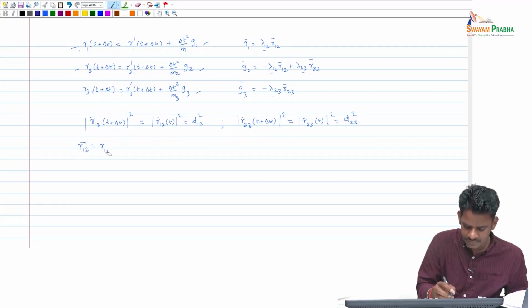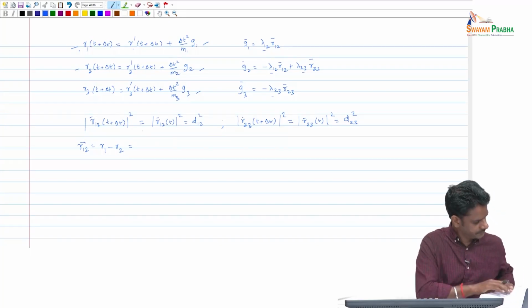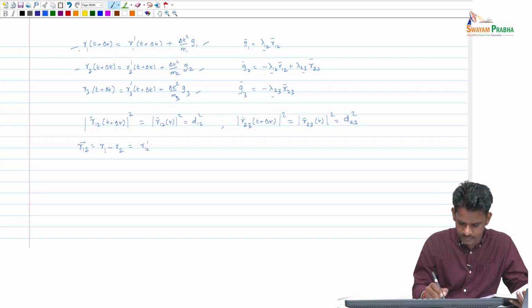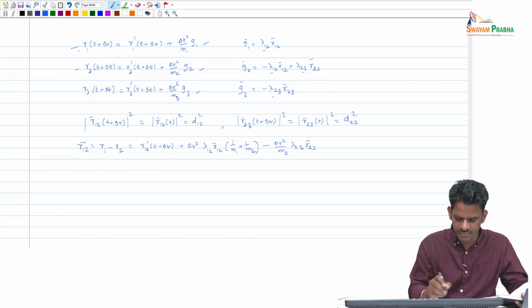So, suppose I write R12 is equal to R1 minus R2. I take this and subtract this, and you will see that I am taking R1 and R2, subtracting them and then writing what is R12, and that basically becomes R12 prime.